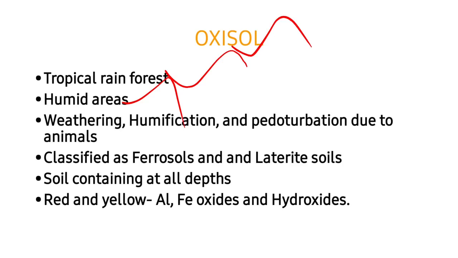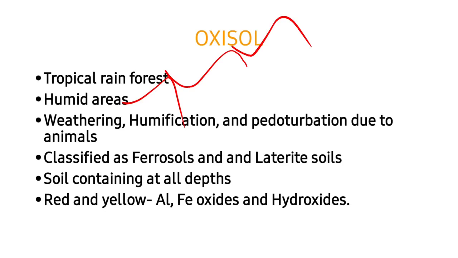We have seen that Alfisol is abundant in semi-arid to humid areas and typically under hardwood forest cover. Hardwood forest cover is for Alfisol and your tropical rainforest is for Oxisol. Likewise, your Ultisol has less than 35% base saturation and your Alfisol has a minimum of 35% base saturation.